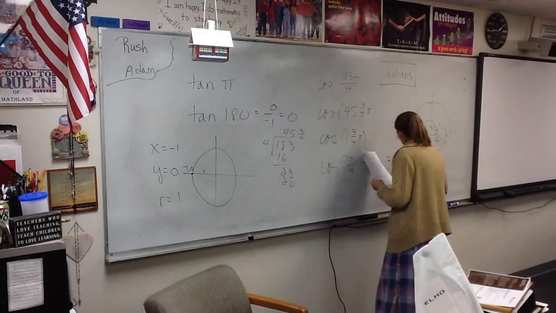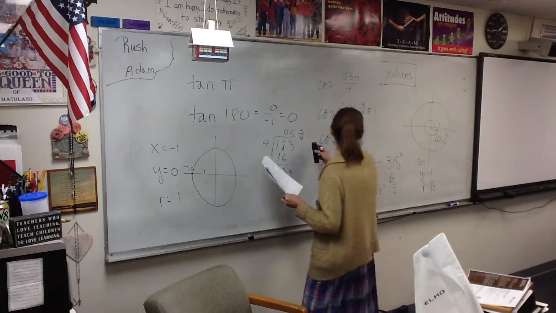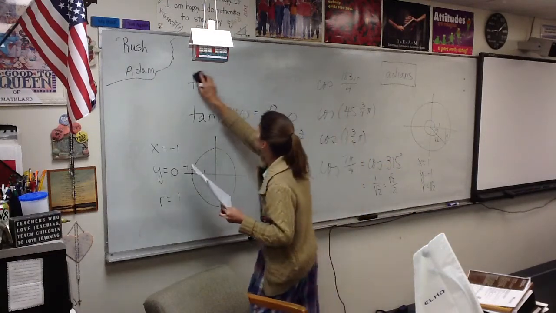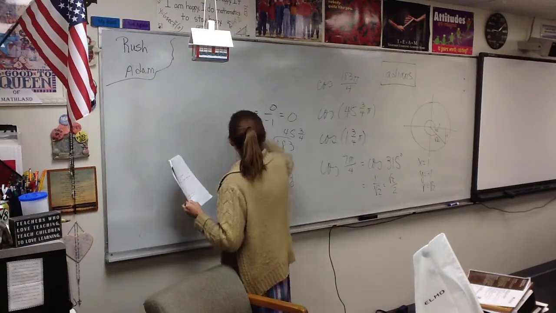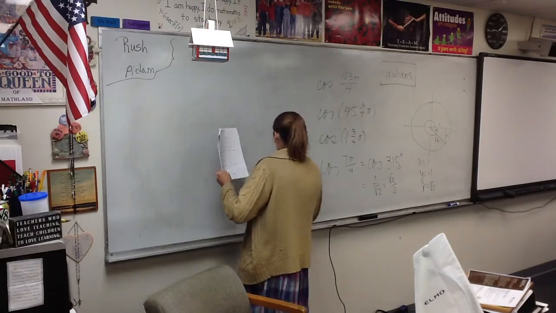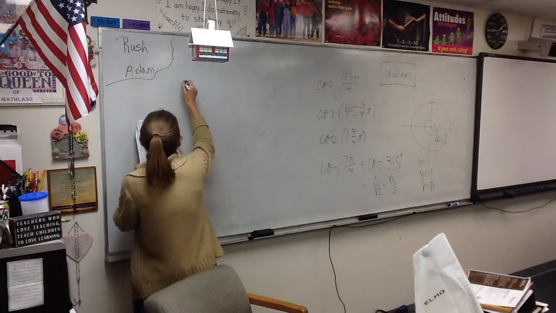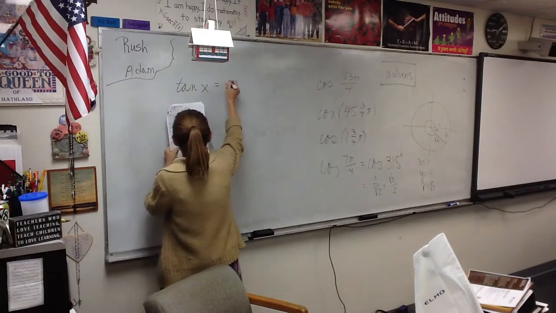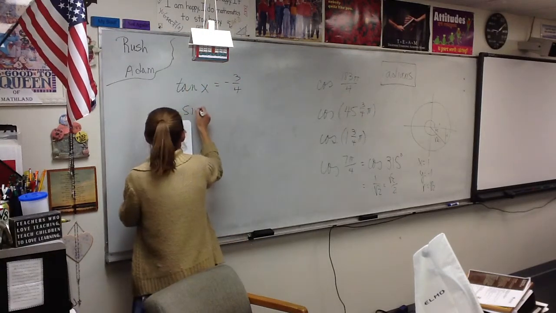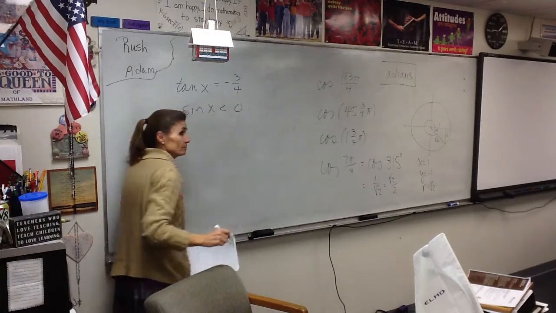Okay, number 7. Ooh, this is kind of like what you did in last night's homework, which, by the way, we're going to look at next. Find the values of the 6 trig functions if the tangent is negative 3/4 and the sine is negative.